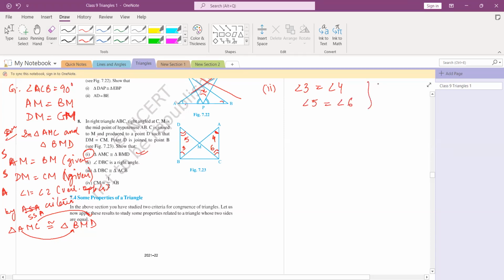This is all by CPCT. Now look at the figure very carefully. BD and AC are two lines. Look at angle 5 and angle 6. They are alternate angles between these two lines, BD and AC. So if alternate angles are equal, that means the lines are parallel.